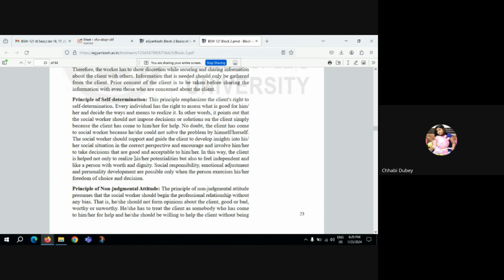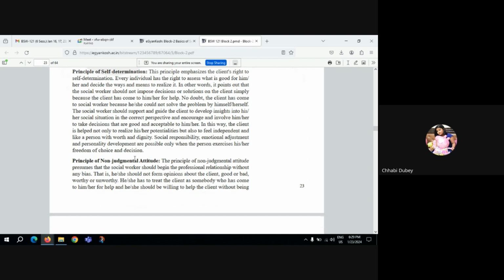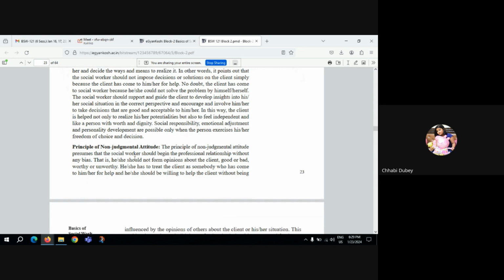After this comes the principle of non-judgmental attitude. It means that we have to start the professional relationship with the client without a bias. Individuals may come from different backgrounds, different religious backgrounds, different socioeconomic backgrounds. They may come from different families, from different cultural backgrounds. We are not supposed to bring our predetermined biases into this relationship.